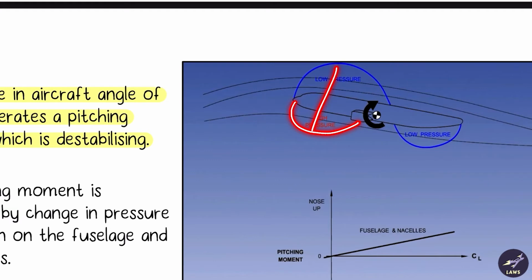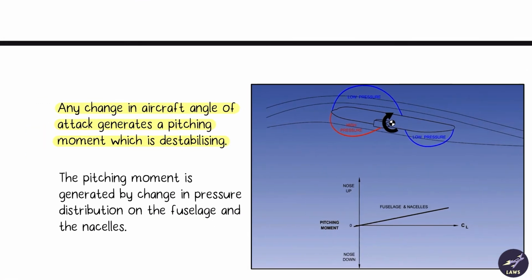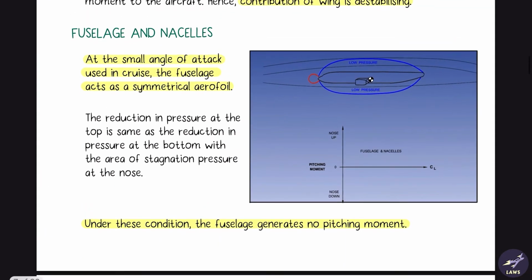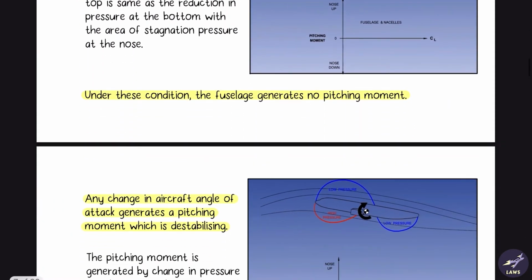This will create a force like this, which would cause it to pitch further away from equilibrium. Okay, so this causes a destabilizing moment in the case of fuselage and nacelles at a higher angle of attack.